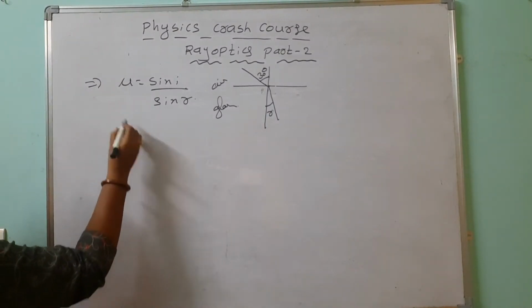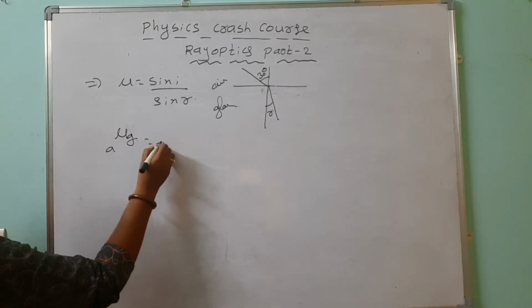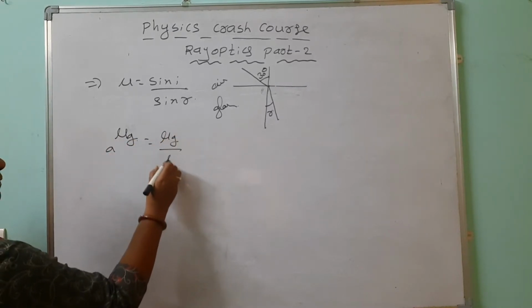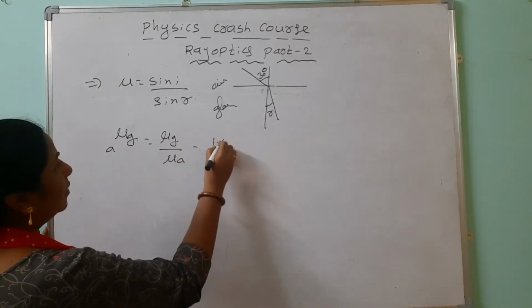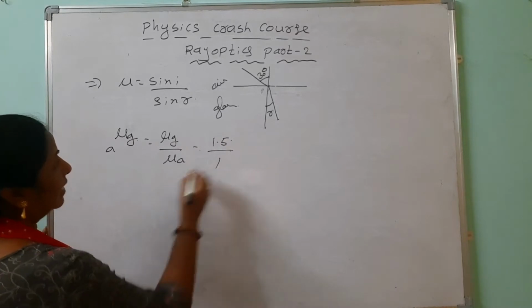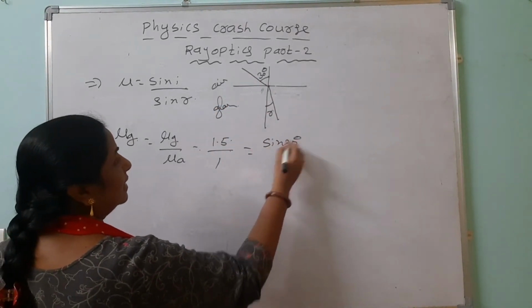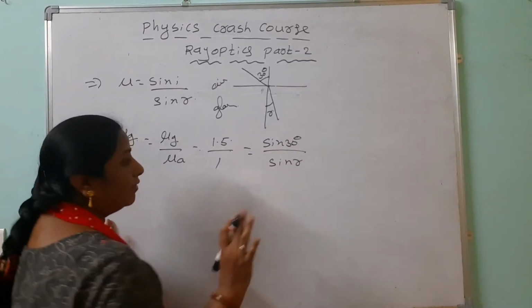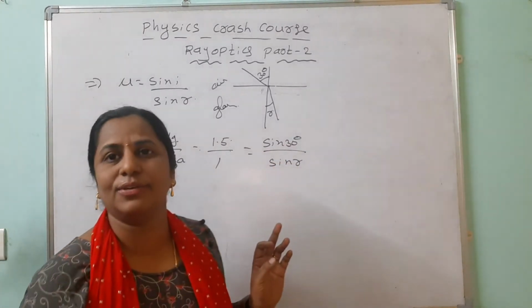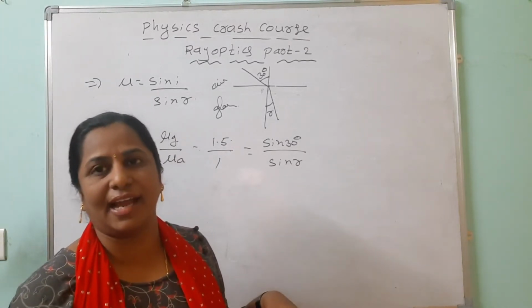Just now I said this is the refractive index of glass with respect to air, mu g by mu air. Mu g, you know how much it is? 3 by 2 or 1.5, and this is 1. Sine of the angle of incidence, how much? Sine 30 degrees. But we don't know the sine of the angle of refraction. Here we know the refractive indexes and the sine of the angle of incidence, so we can find the angle of refraction.